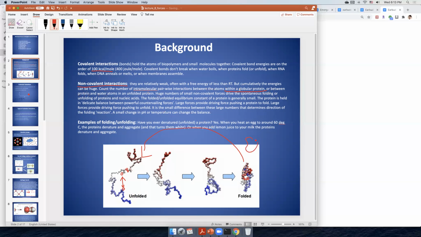For example, if you have two proteins that interact with each other, inside each protein there are a lot of covalent and non-covalent bonds. But between the two proteins, A and B, you will have many non-covalent bonds. Usually it's electrostatic.